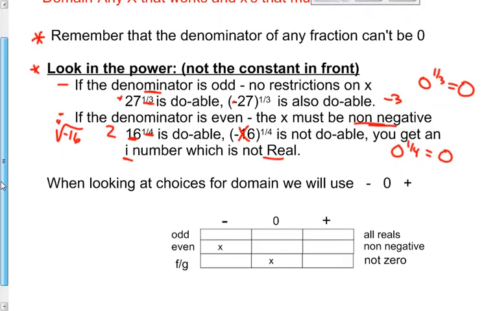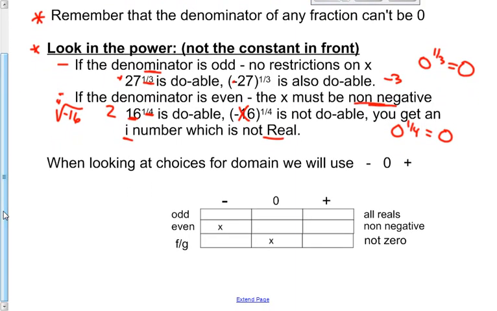So here's a little chart that you could write down that might help you remember this. When you're looking at choices for the domain, we've got 3 basic choices. It's either a negative value, or could we put in 0, or could we put in a positive value. So let's look at this one with odd. I could do any x number raised to an odd power, like 27 we looked at, 27 to the 1/3.